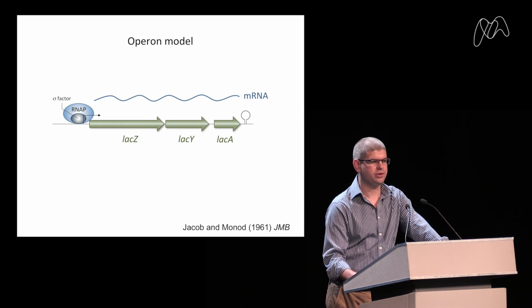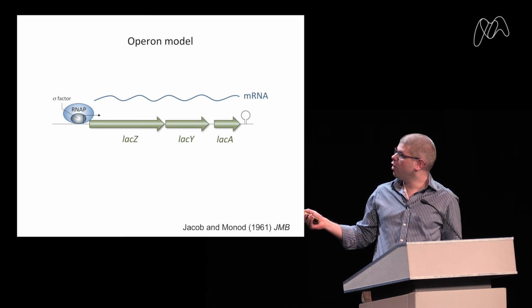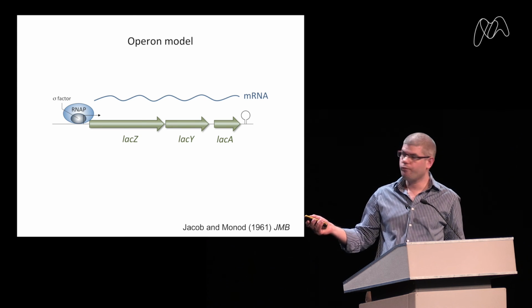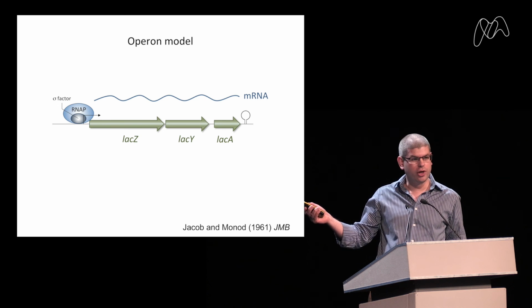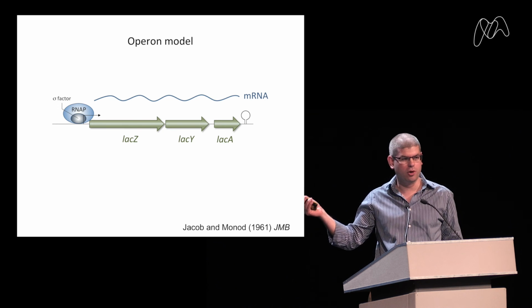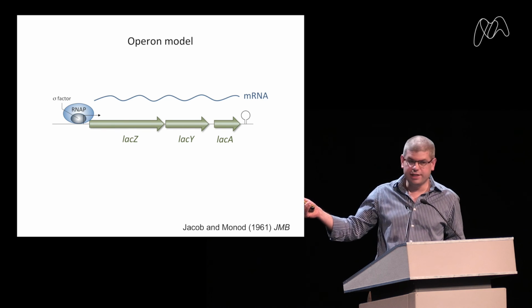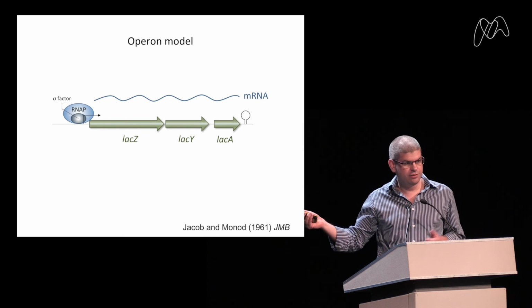What this work tells us is the following. Bacterial operons are groups of genes organized as a transcription unit, and these genes are transcribed to form an mRNA, a polycistronic mRNA that can be translated to produce several different proteins. Of course, this mRNA is very well defined.